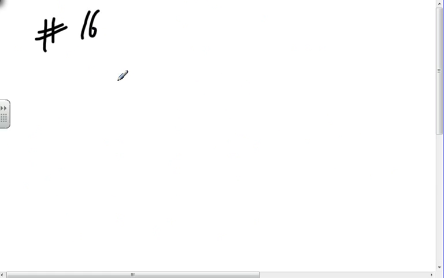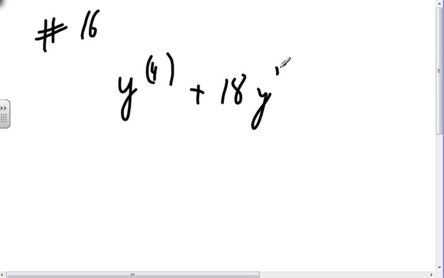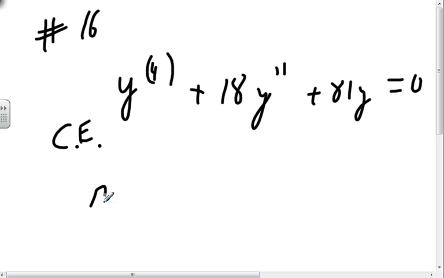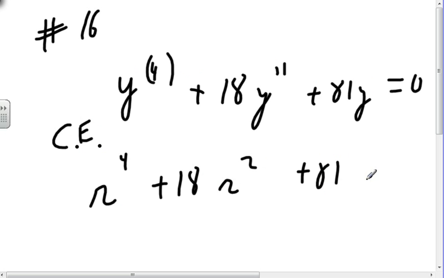Number 16, y fourth derivative plus 18y double prime plus 81y is 0. I have a characteristic equation. My characteristic equation is r to the fourth plus 18r squared plus 81 is equal to 0.